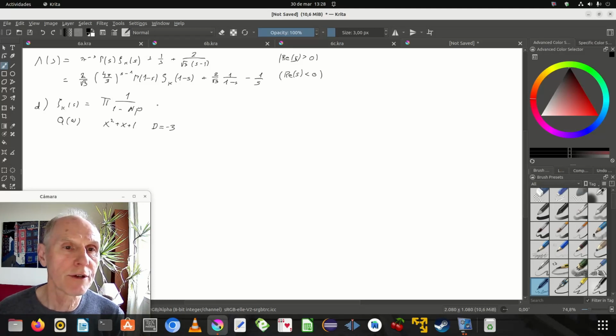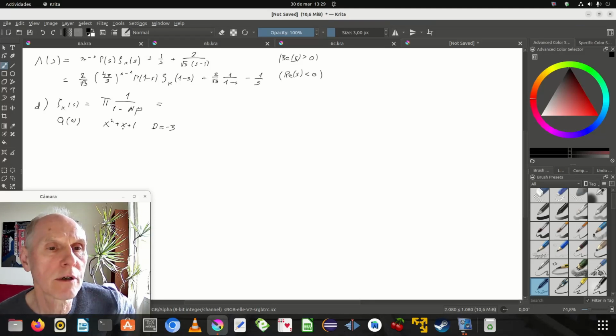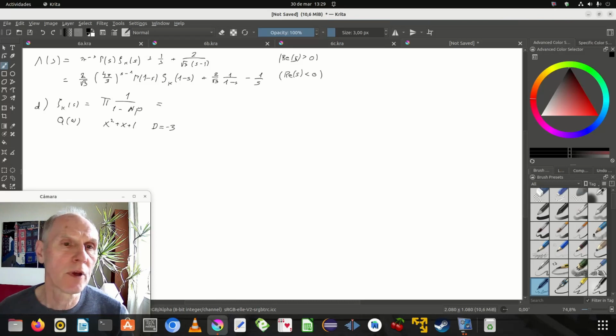And it's of course square root of minus 3, times i. And what's the norm? That's 3, of course. Two is inert.